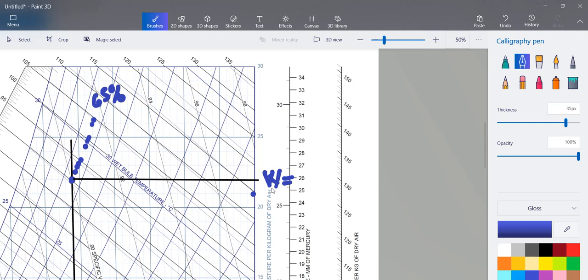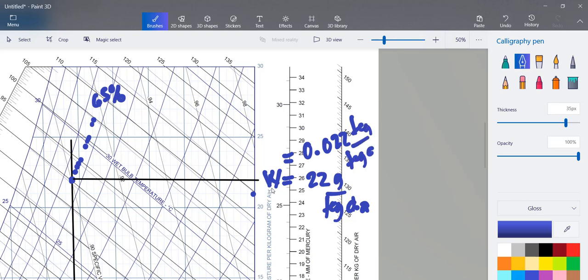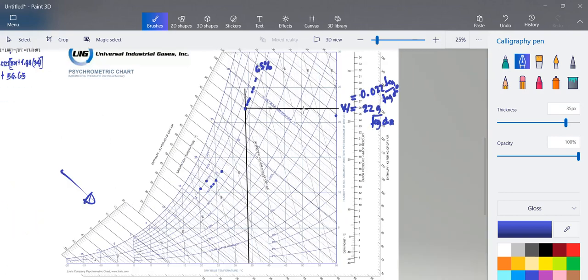So we have 22 grams per kilogram dry air, or it can be equal to 0.022 kilogram per kilogram dry air. Okay, so that is how easy it is to find on the psychrometric chart.